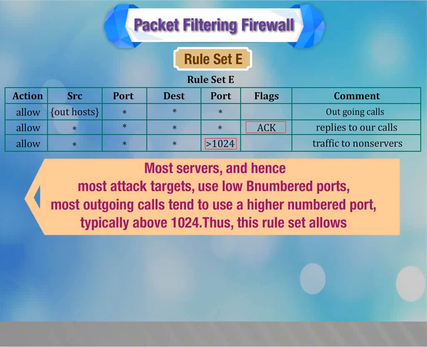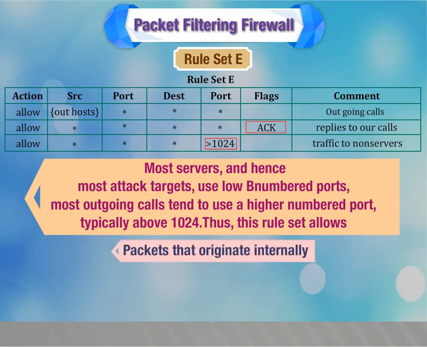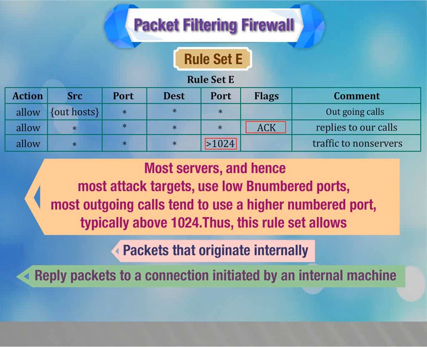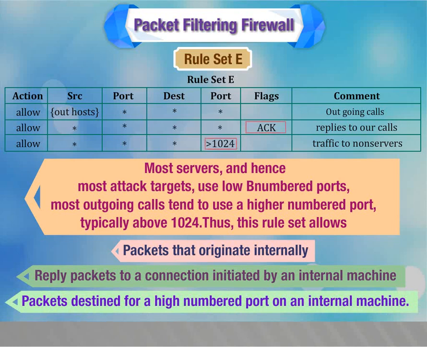Most servers, and hence most attack targets, use low-numbered ports. Most outgoing calls tend to use a higher-numbered port, typically above 1024. Thus, this rule set allows packets that originate internally, reply packets to a connection initiated by an internal machine, and packets destined for a high-numbered port on an internal machine.